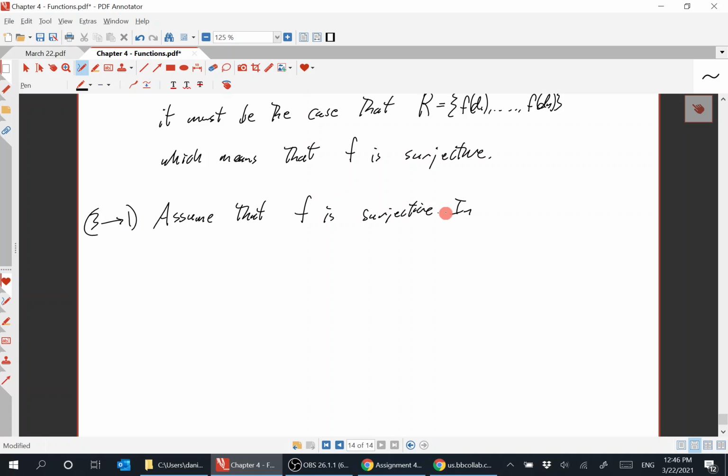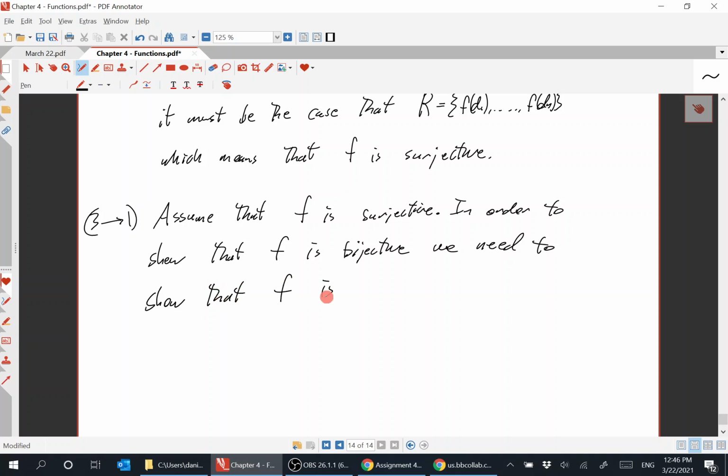All right, in order to show that F is bijective, we need to show that F is what? Also injective. Is injective, right?